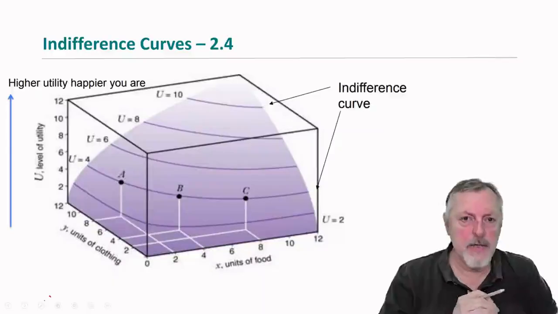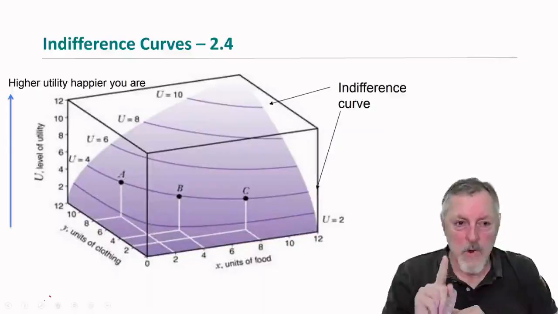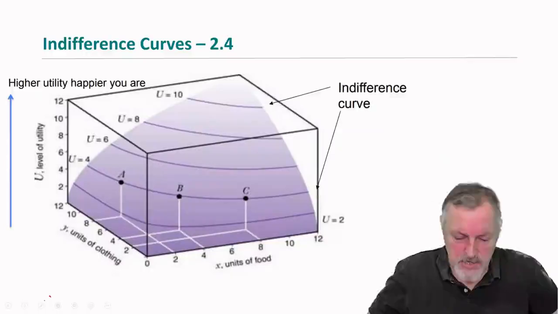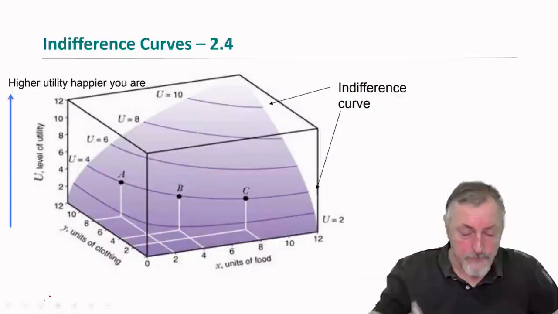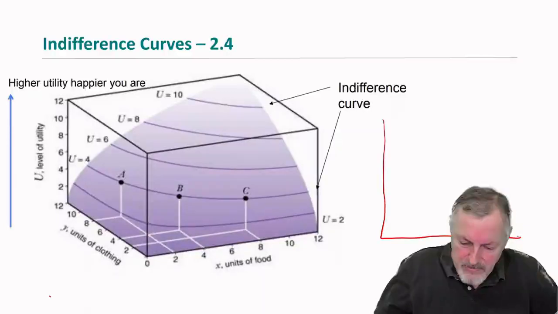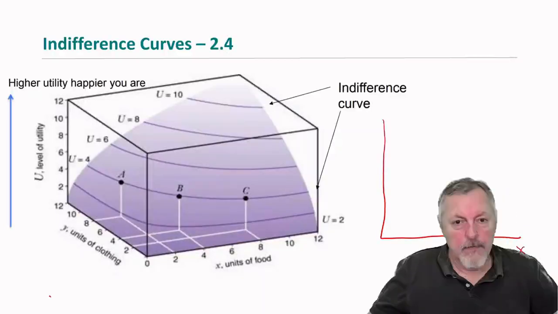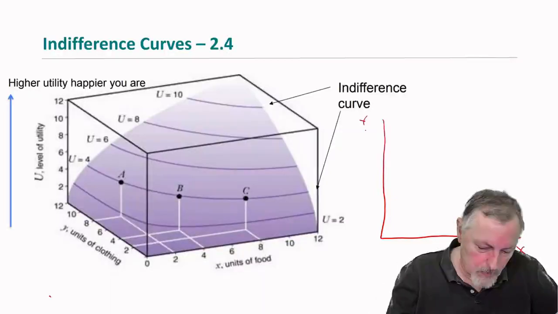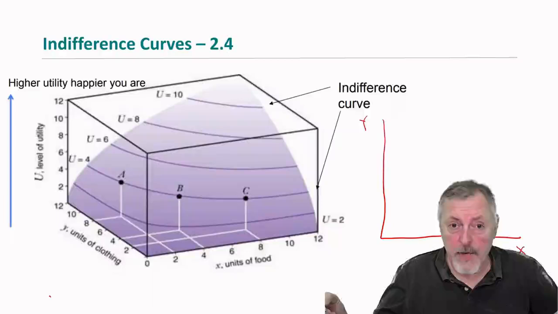Imagine you did that here. You went straight up and looked down. What would you see? You would see the floor. This axis represents how much food, and that is how much clothing.